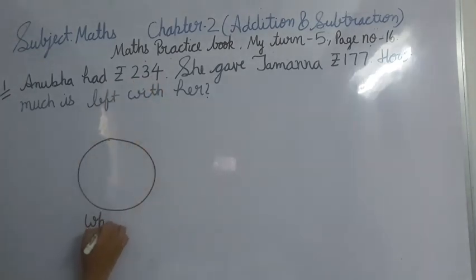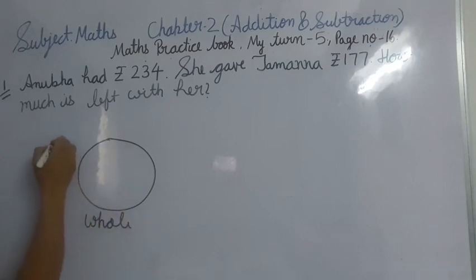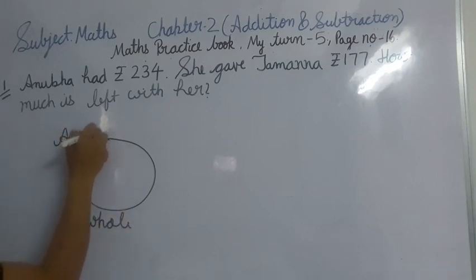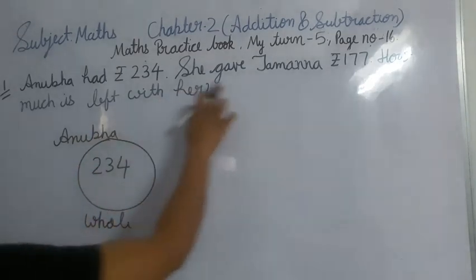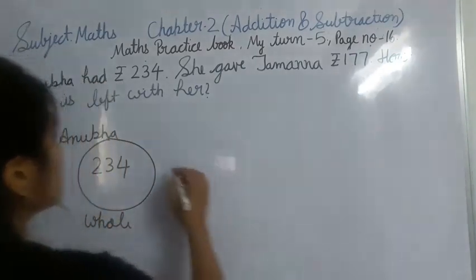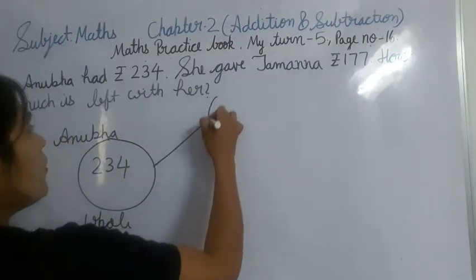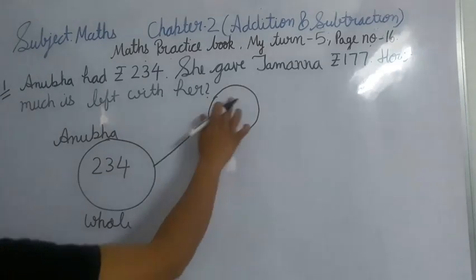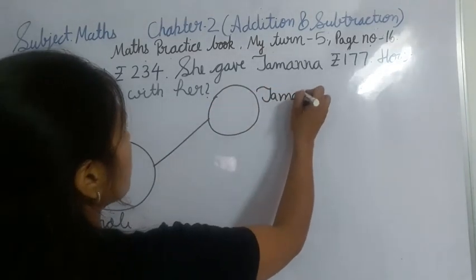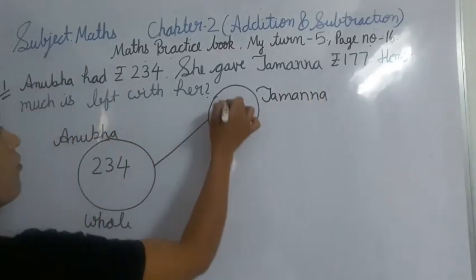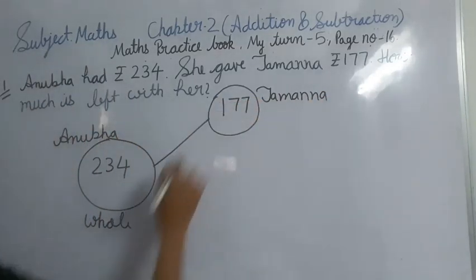This is the whole money which Anuba had. And she gave this much to Tamanna. How much did she give? 177 rupees.